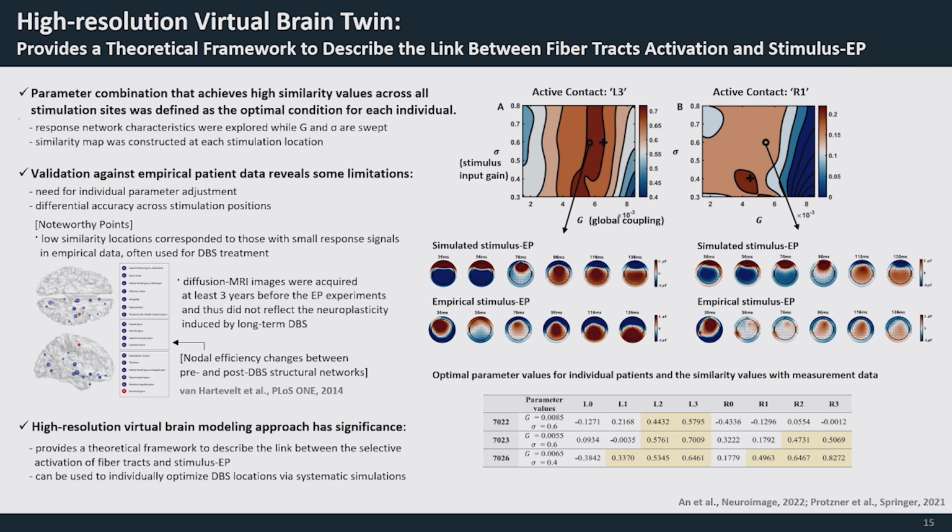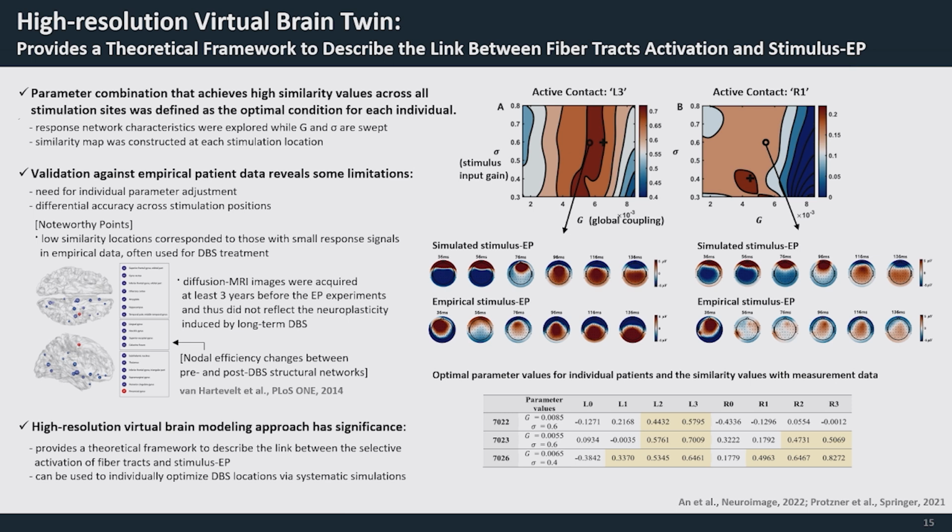However, one thing I should note is that the locations showing lower similarity values corresponded to the locations showing very small response signals in the empirical data, and those were electrode contacts that had been used for DBS. Long-term DBS is generally known to suppress neural activities around the stimulation site and induce neuroplasticity accordingly.